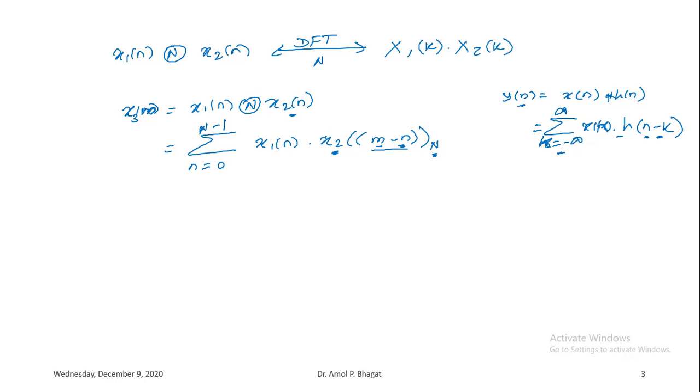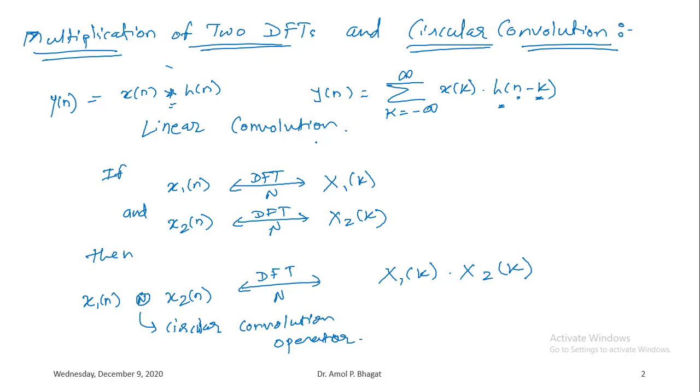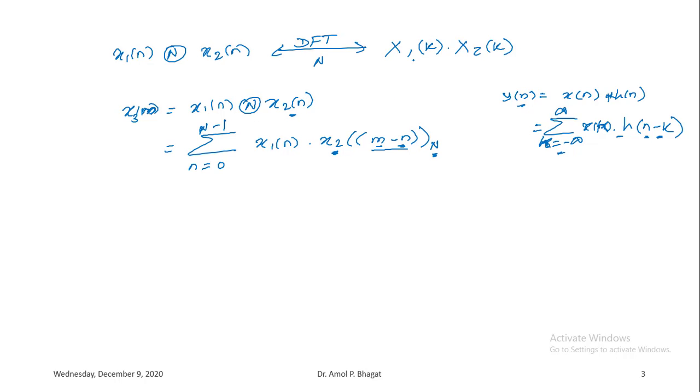So as per this multiplication of two DFTs or circular convolution property, we have taken sequences as x1 of n and x2 of n, so their respective DFTs are indicated as x1 of k and x2 of k.